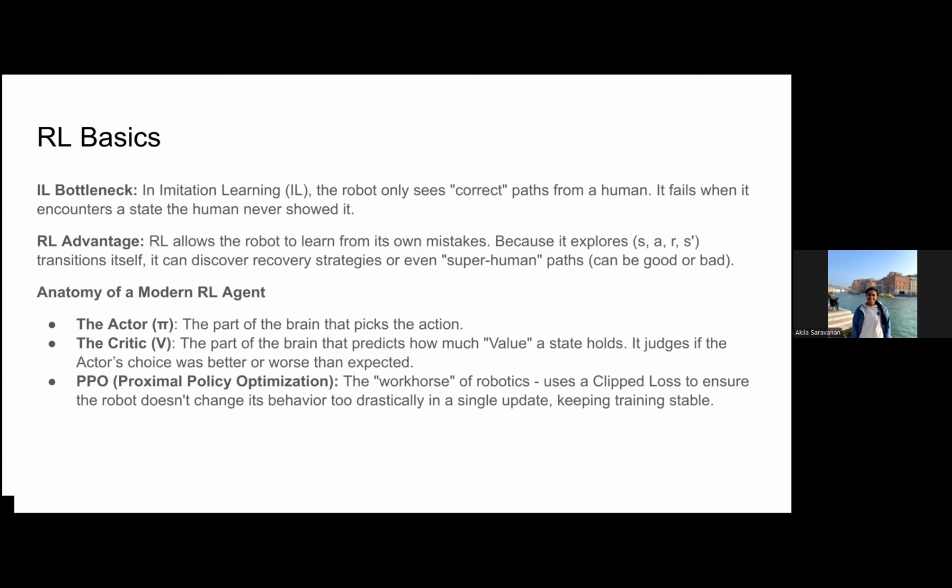And when we talk about PPO in the context of other types of RL algorithms, the important thing about PPO is we use this clip loss so that you're not moving too much along a policy gradient. So it keeps training a lot more stable.